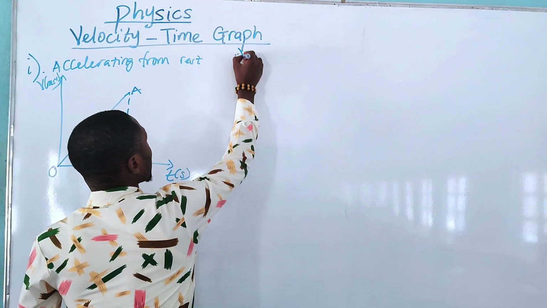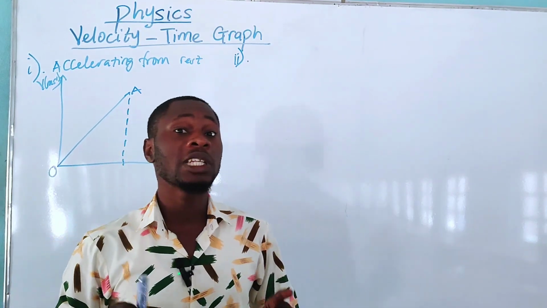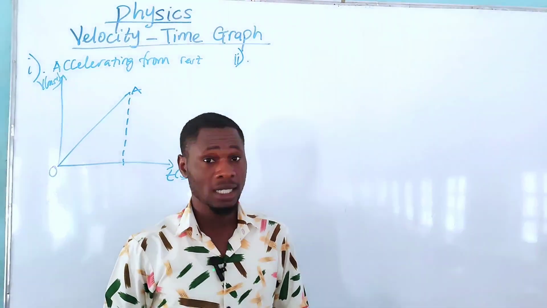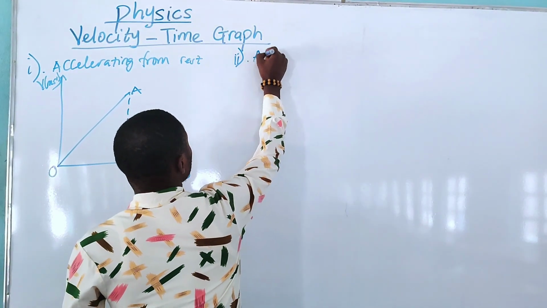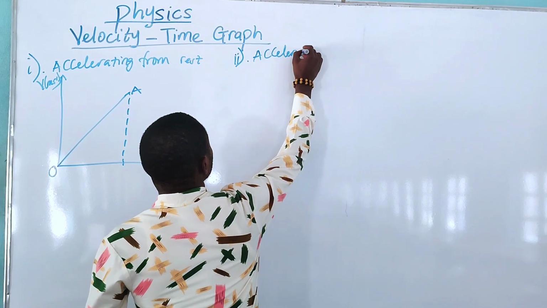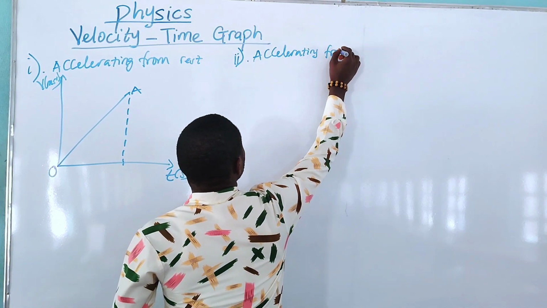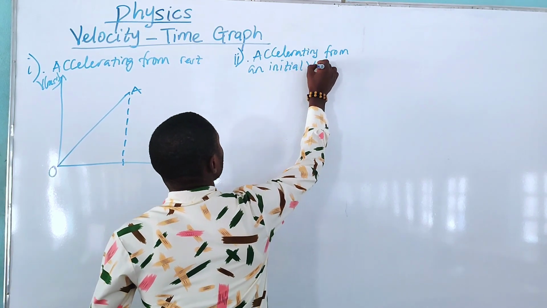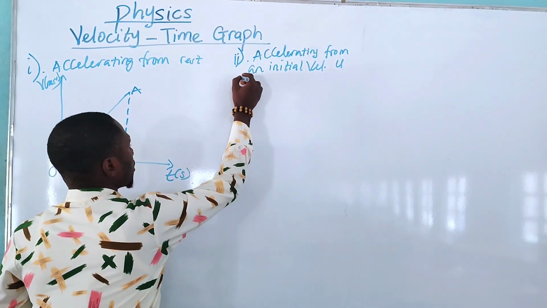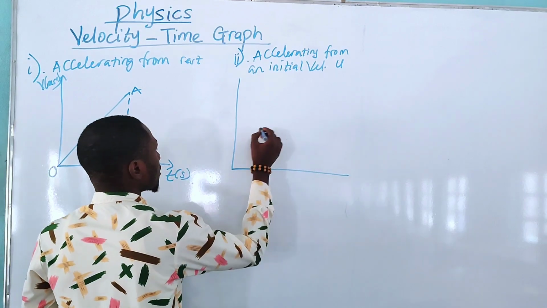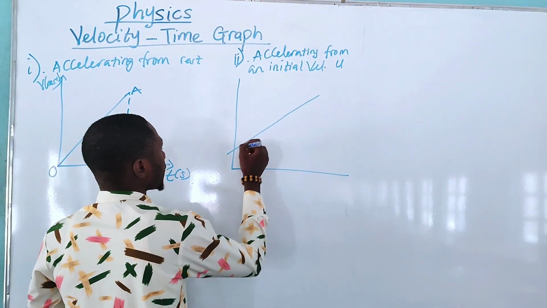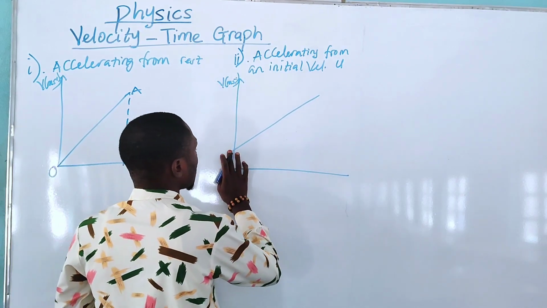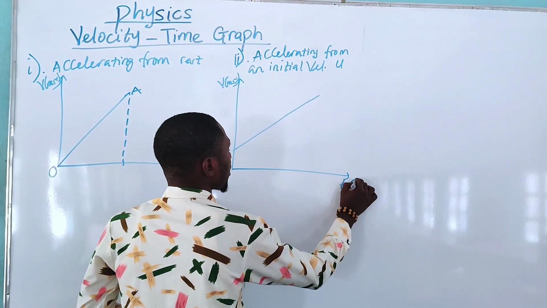Secondly, when the body is accelerating but not from rest, that means it's starting with an initial velocity that is not 0. So let's say accelerating from an initial velocity u. This becomes the format of the graph. This is our velocity in meters per second, and this is our time in seconds.